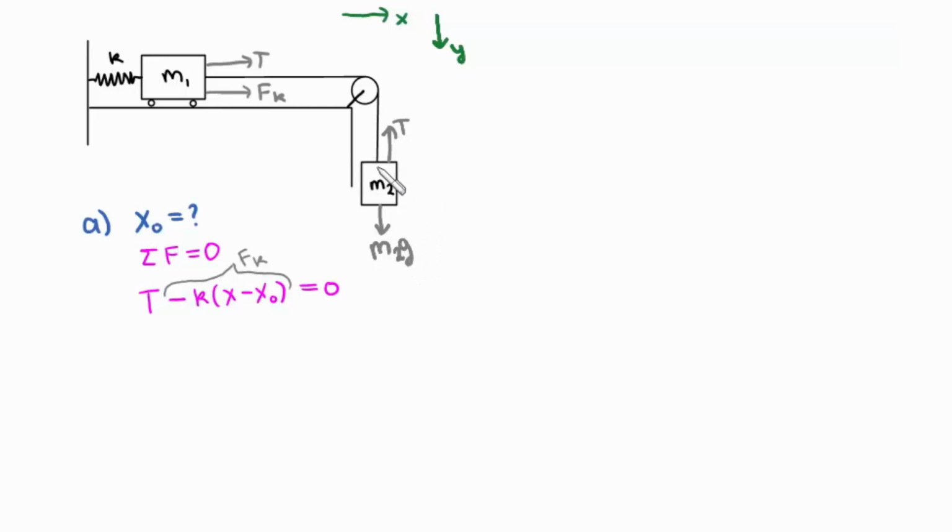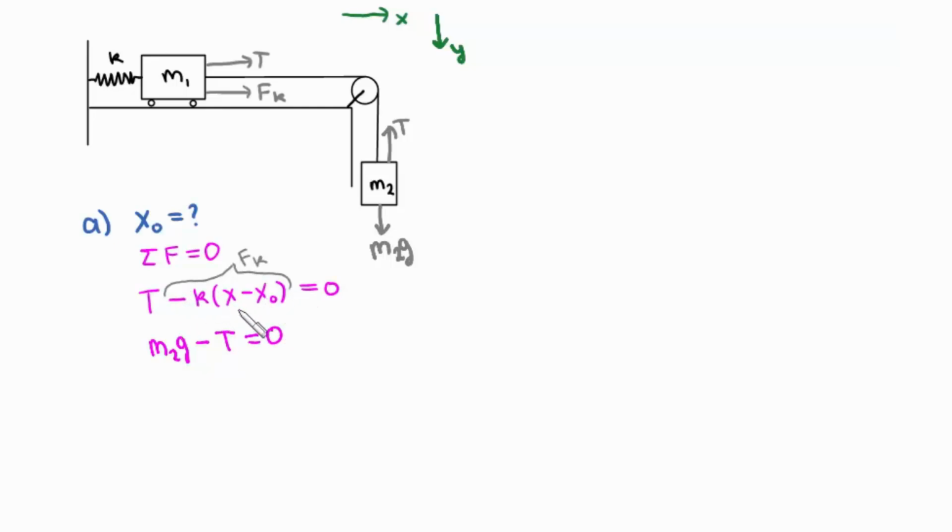Notice that the motion for mass 2 is only in the y direction and not in the x direction, so we don't have to factor that in. Writing this out, we'll have m2g, because that's going in the positive direction, minus our tension, equal to 0, because the sum of all of our forces at the point of equilibrium is equal to 0.